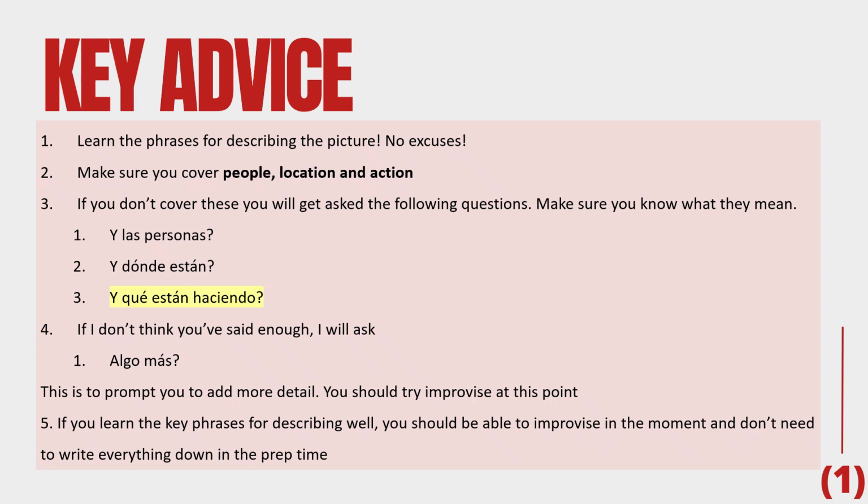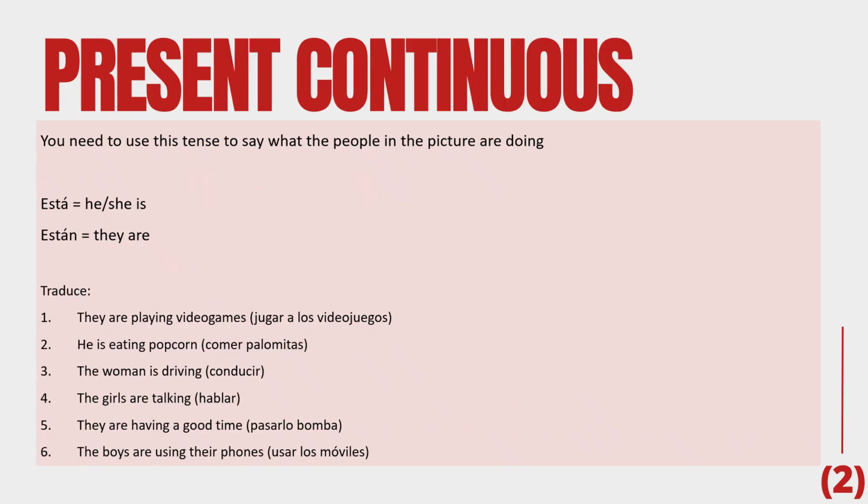And if you don't need to write everything down in the prep time except sentence starters, then you've got more time to do the role play and the read aloud task. So there are lots of benefits to this. Basically, if you learn the key phrases for describing the picture, you will be fine and you can improvise if needed.